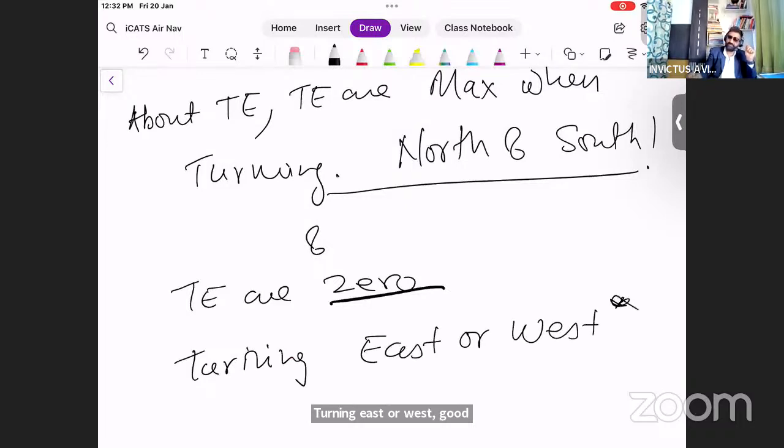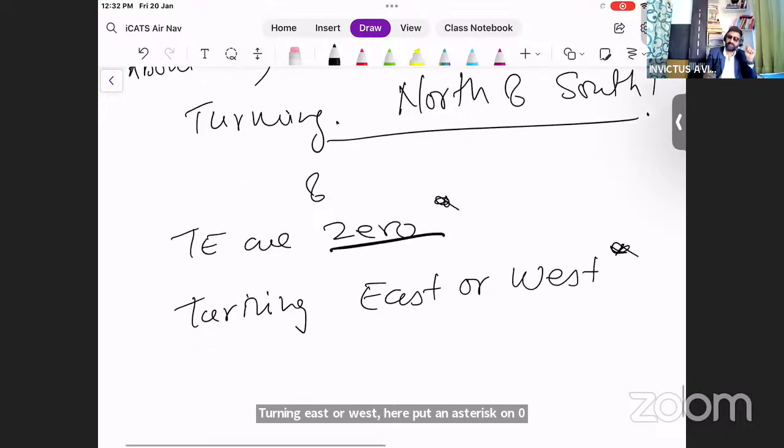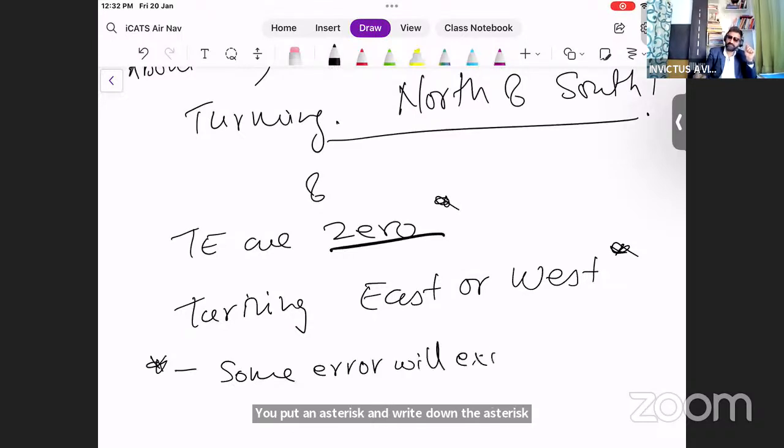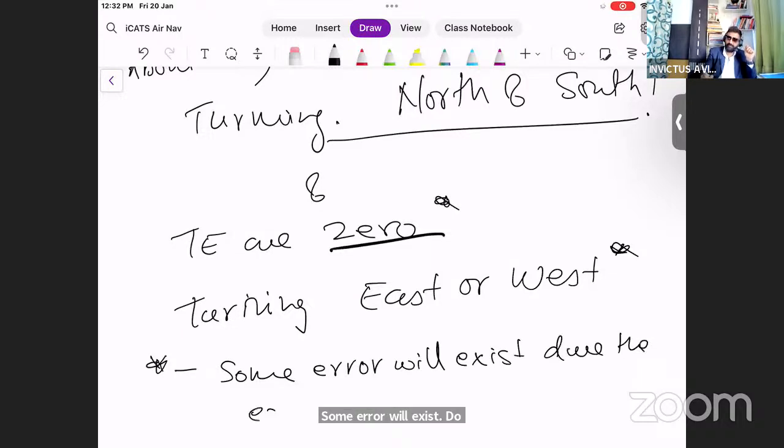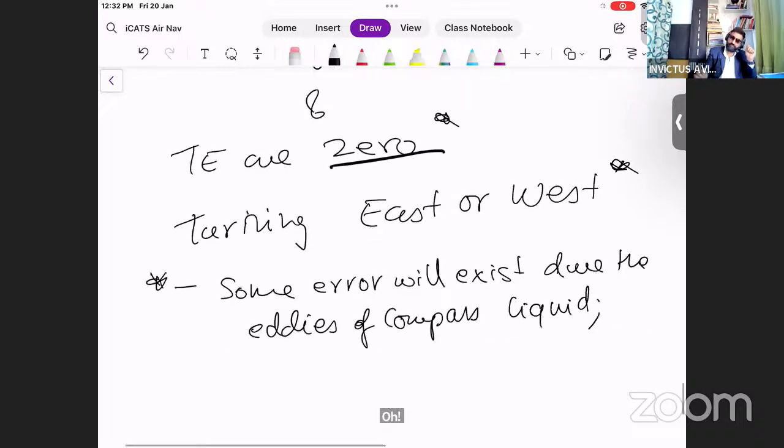Here put an asterisk. On 0 you put an asterisk and write down the asterisk. Some error will exist due to the eddies of compass liquid, but will be marginal.